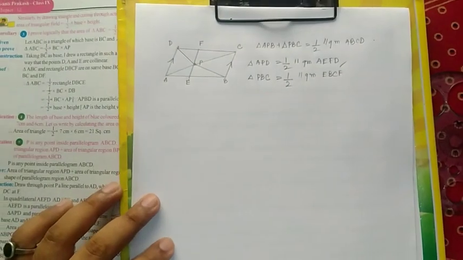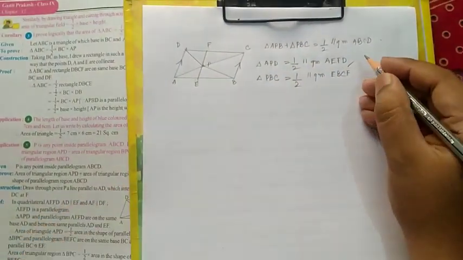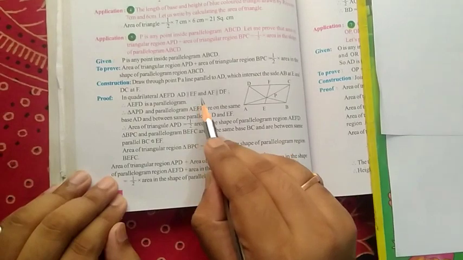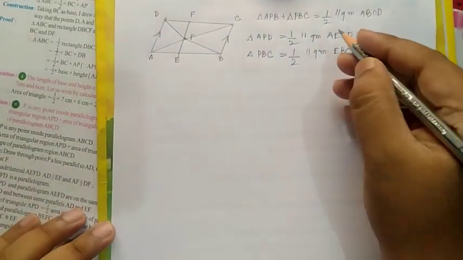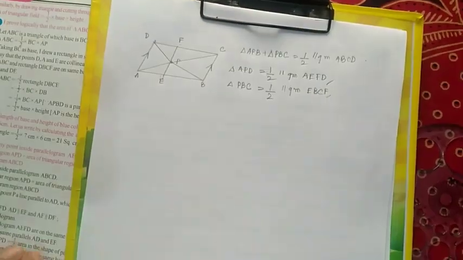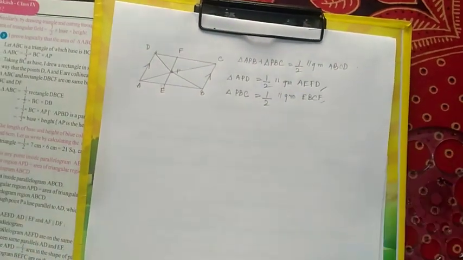Here I just discuss these things, writing only the most important lines, but you have to write in this manner, like in quadrilateral AEFD, AD is parallel to EF and AE parallel to DF. You have to know the main important things, how to prove it. This is the key factor.